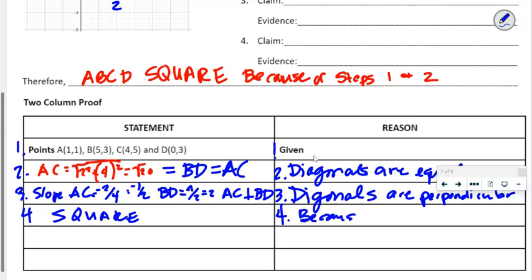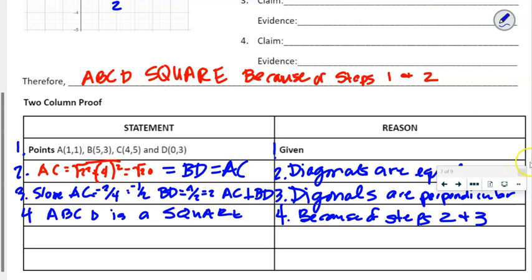Because of steps 2 and 3. Okay? Actually, let's say it like we said it before. A, B, C, D. So we'll say A, B, C, D is a square. Again, because of steps 2 and 3.